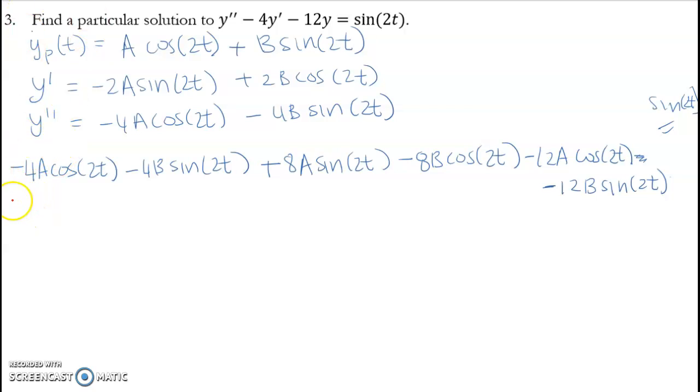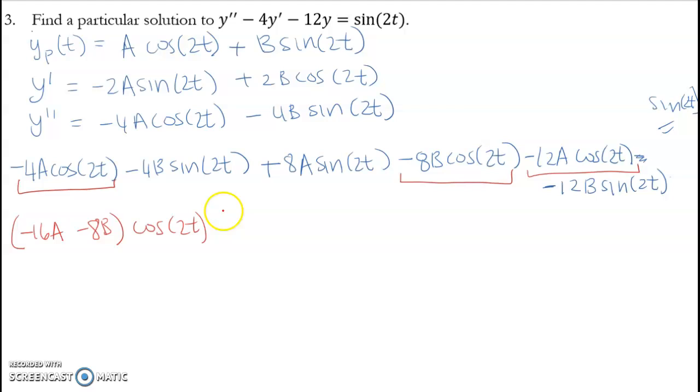Let's get some of the like terms together. You have the cosines, 1, 2, and 3 of these, so that gives us negative 16a minus 8b times cosine 2t. The rest of the sine terms give us plus 8a minus 16b times sine of 2t, and that's equal to sine of 2t.